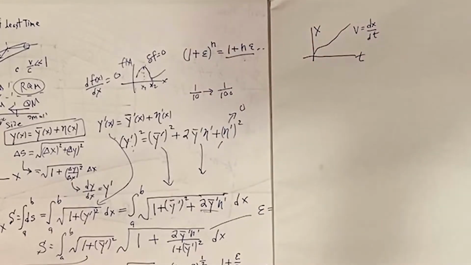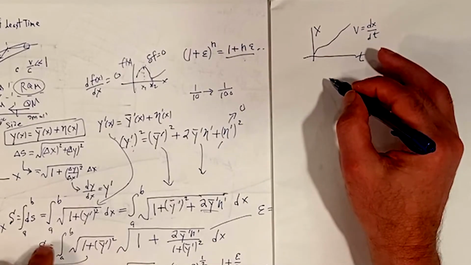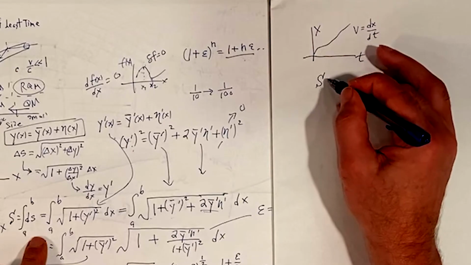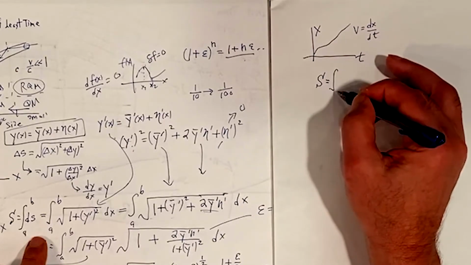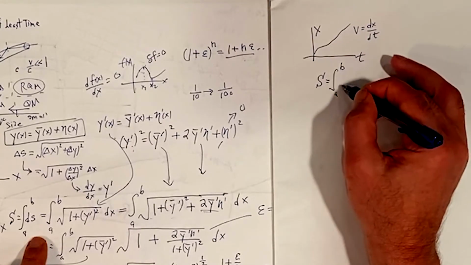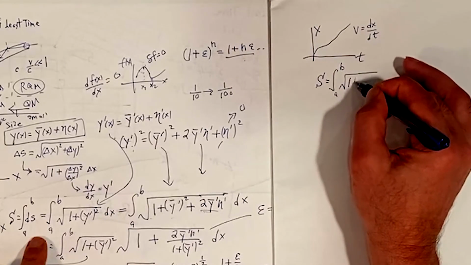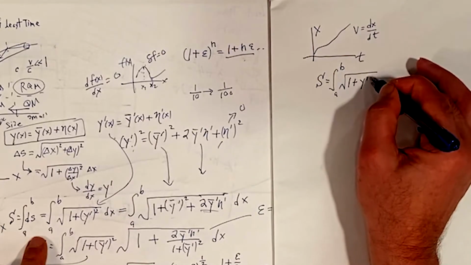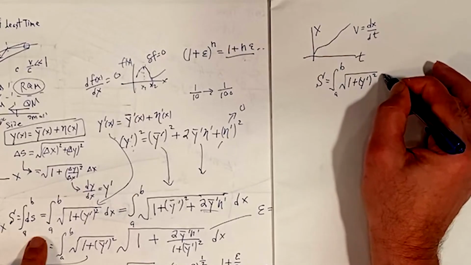So in that case, if we look at the equations that we have from before, from a to b, we had the integral of the square root of 1 plus y prime squared dx.